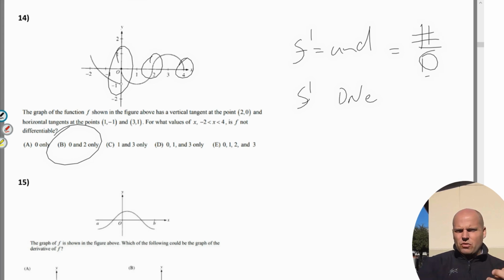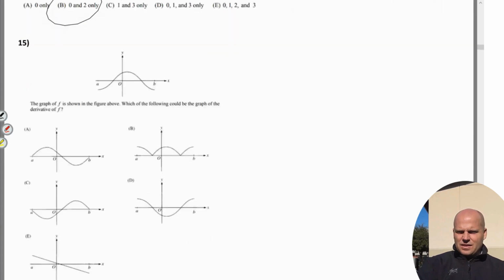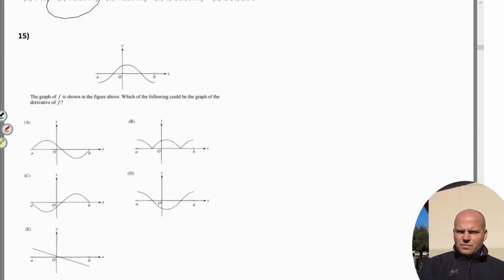You don't have a derivative there. Yes, you know what it is. It is the location of a vertical tangent, but vertical tangents we say are locations where we're not differentiable. That's kind of tough to understand because we've been asked to find locations of vertical tangents, but turns out we would say that's something that's not differentiable.